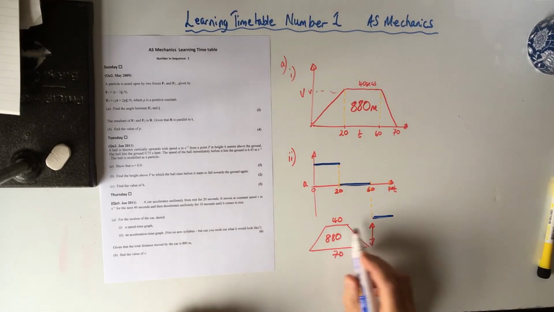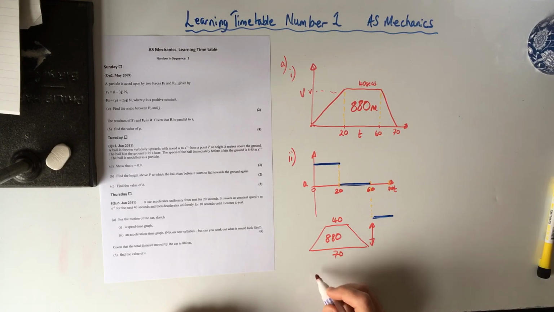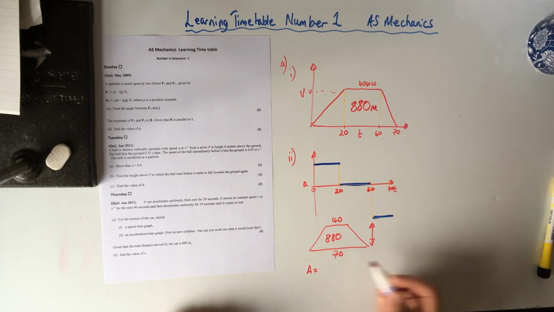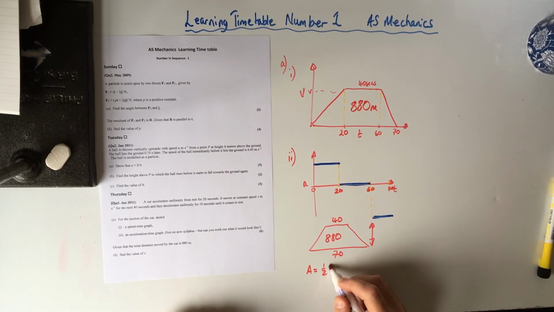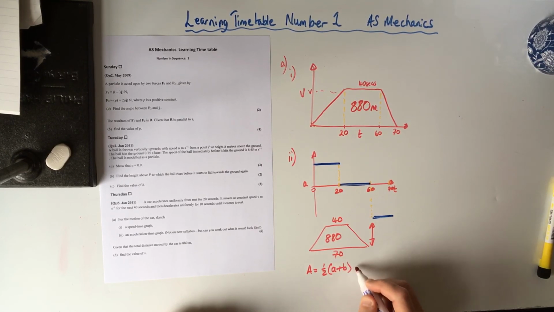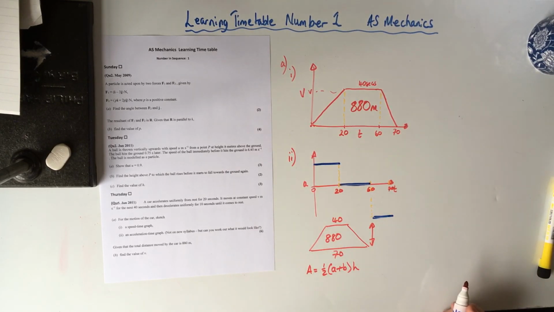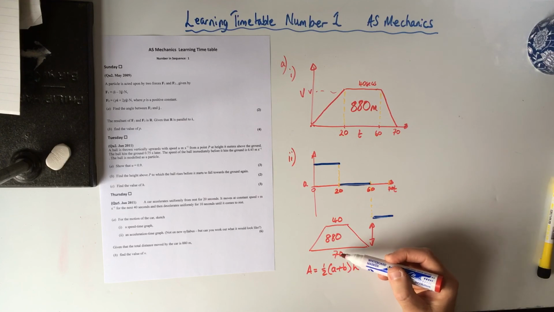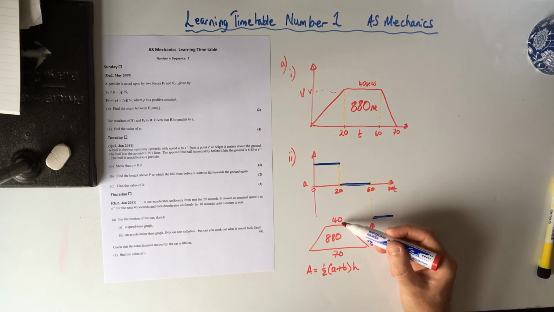So that's what we're solving, and the area is a half of a plus b times h. That's the formula for the area of a trapezium. So we've got 70 plus 40, which is 110.